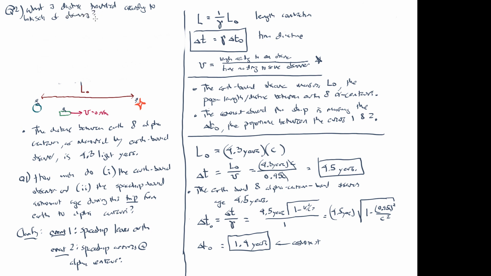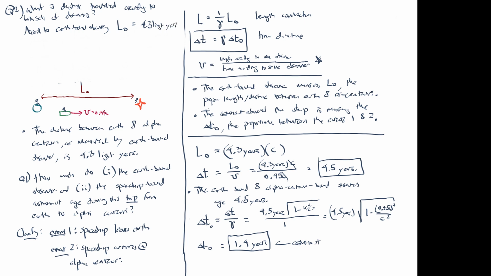Okay, well, we already said that according to the earthbound observer, the distance that was traveled was 4.3 light years. So according to the earthbound observer, the distance was L naught, which was, like we said, 4.3 light years.